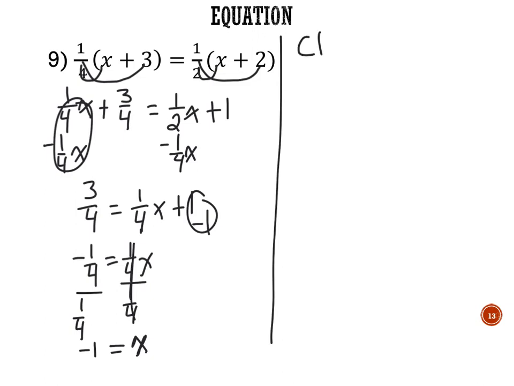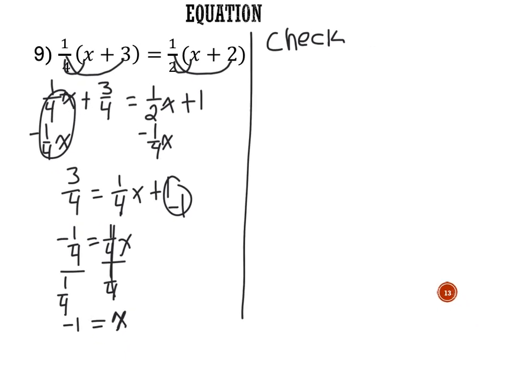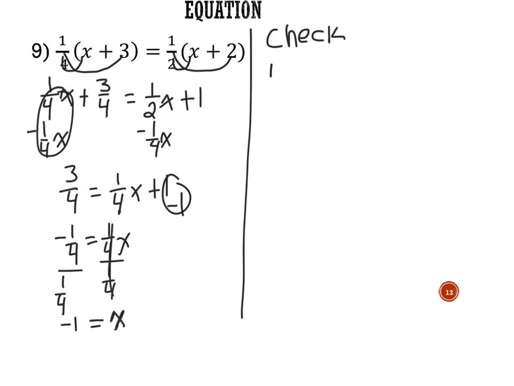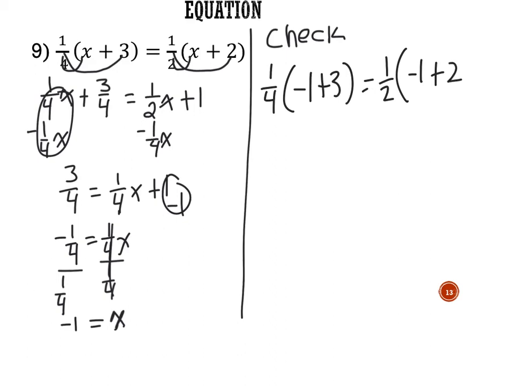I'm going to check my problem. 1/4 times negative 1 plus 3 equals 1/2 times negative 1 plus 2. I'm going to do my parentheses first.